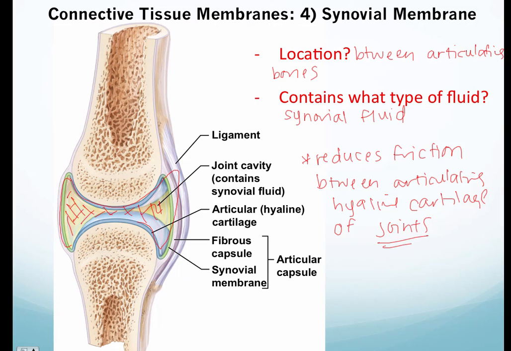And what are joints? Joints are where bones meet. Okay, so it could really help in reducing that friction as you move, as you bend your legs, bend your elbows, but also not only reduces friction, but also helps absorb the shock. So when you jump up and down as you run, it helps absorb a lot of that shock as well.